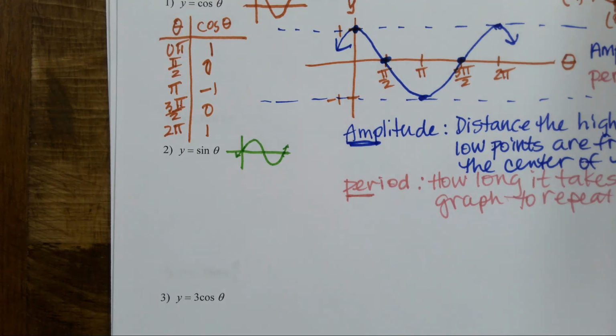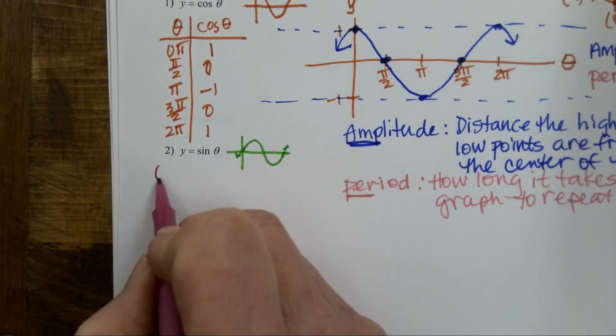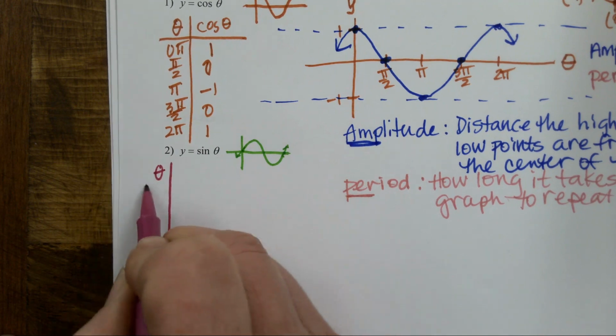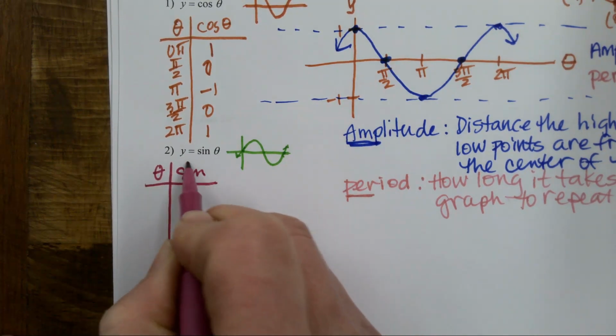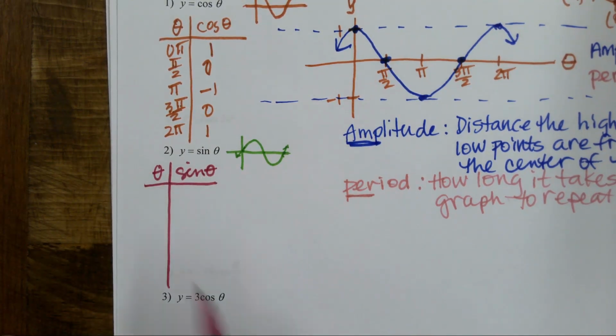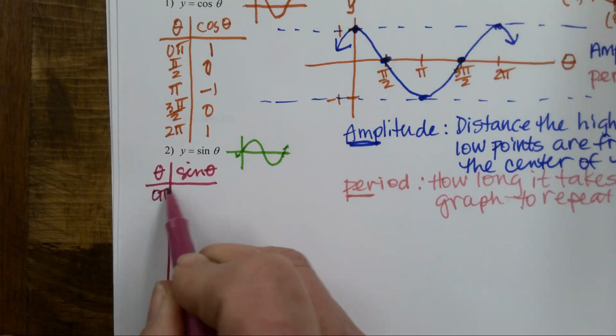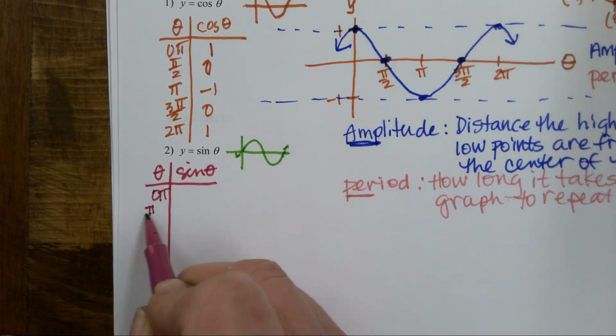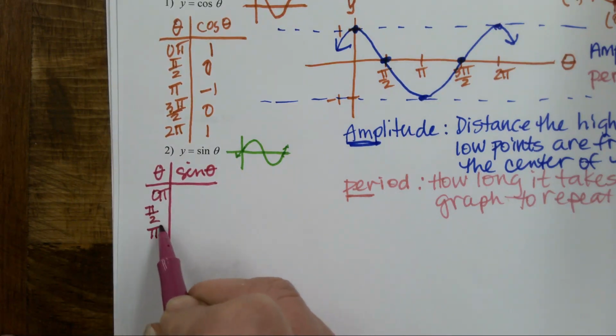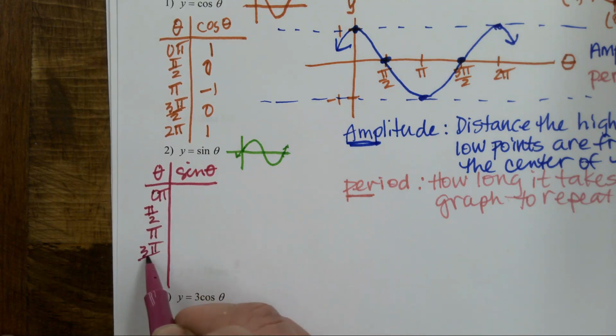And I can get my values the same way for sine. I have theta, and I have the sine of theta. And I still use 0, pi over 2, pi, 3 pi over 2, and 2 pi.